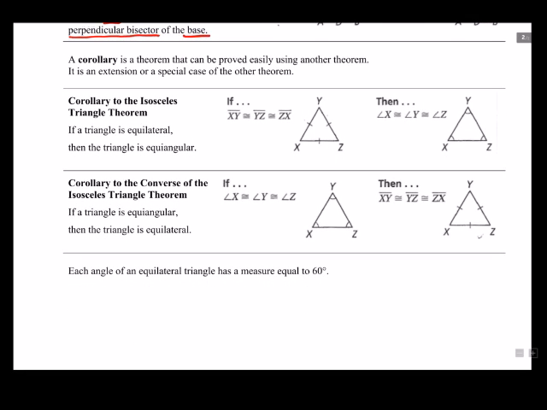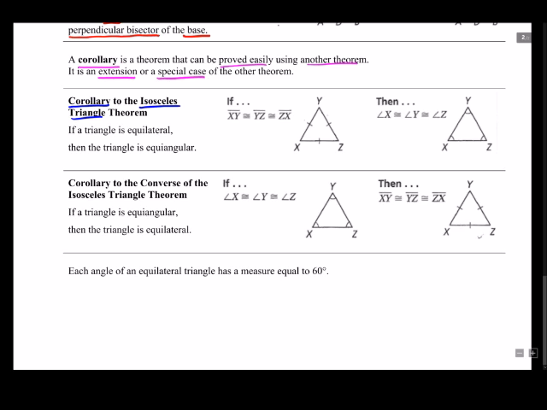Some new vocabulary for us here. A corollary, this is new, this is different from converse. A corollary is a theorem that can be proved easily using another theorem. Basically, it's like an extension or a special case of the other theorem. So our special case here is the corollary to the isosceles triangle theorem. Now, the isosceles triangle theorem says if we have an isosceles triangle, two congruent sides, then our base angles are congruent.